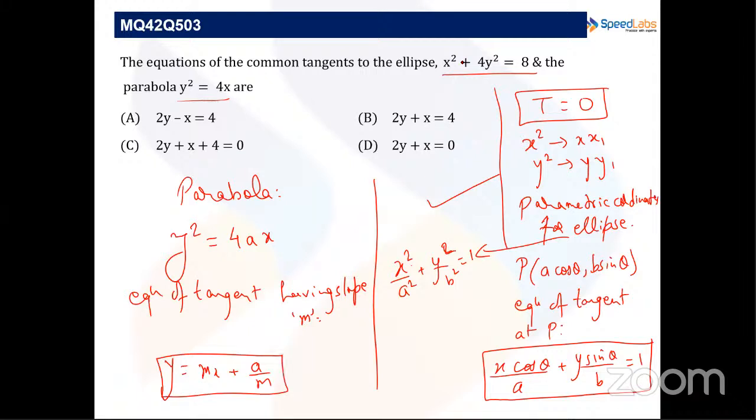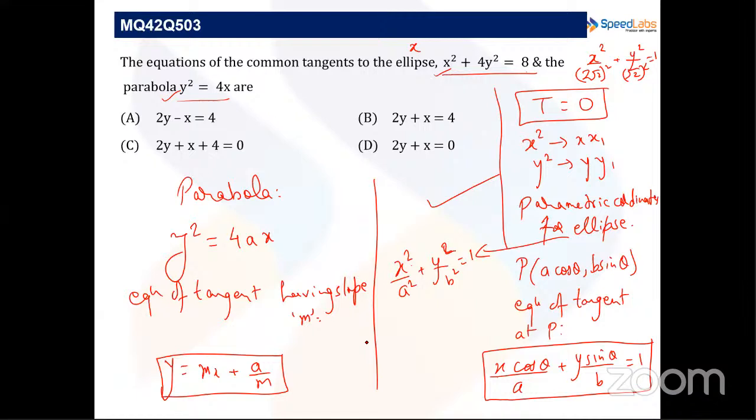So what we are doing here is finding the equation of tangent for this ellipse and for the parabola. Since these two tangents are the same, they are common tangents, so we will equate the two equations. For the ellipse, x square by (2 root 2) whole square plus y square by (root 2) whole square equals 1, the tangent is x cos theta upon a, where a is 2 root 2.